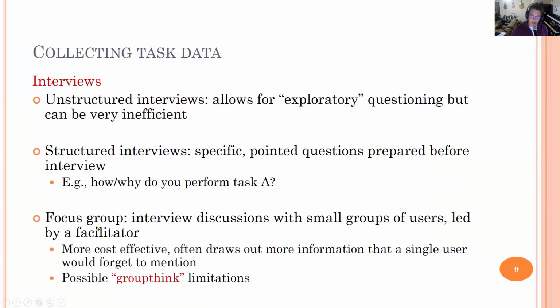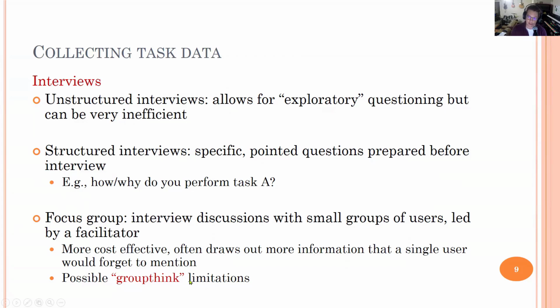All right. A focus group is basically an interview with multiple people all present at the same time. It can be very effective for getting the opinions of multiple people while only having to ask the questions once. So it's more efficient. The downside of this, as some of you might see here, is this idea of groupthink.